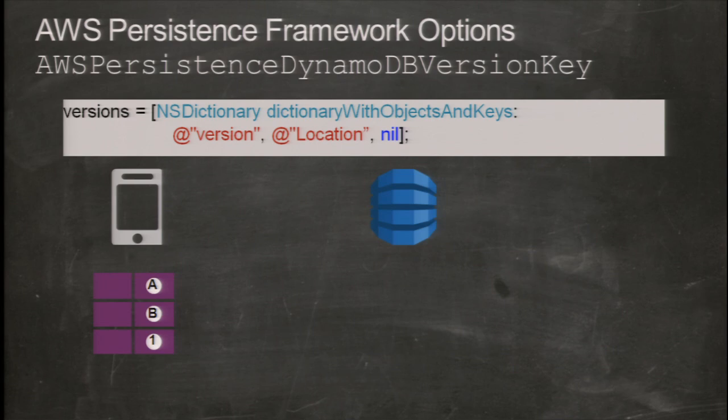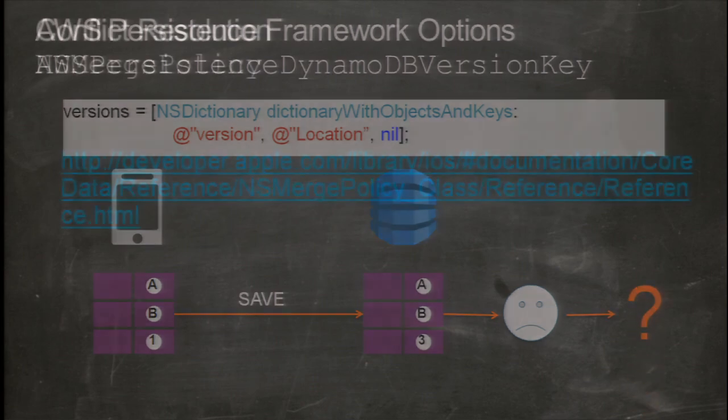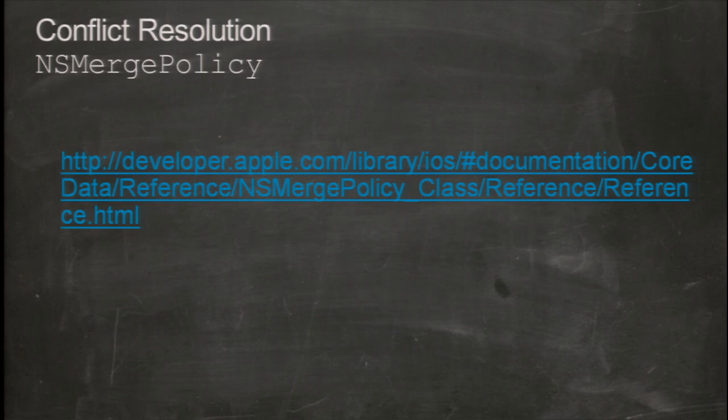So if I have version 1 and I save, but someone else has versioned that object inside of DynamoDB to version 3, then our save doesn't complete. But unlike the DynamoDB mapper, we actually have the option to control what happens. The way that's accomplished is via the NSMergePolicy, which is another Core Data construct. This is not something that we've written.